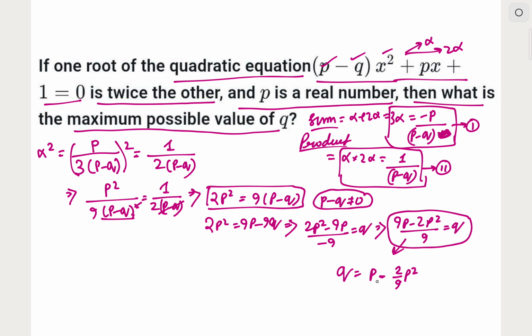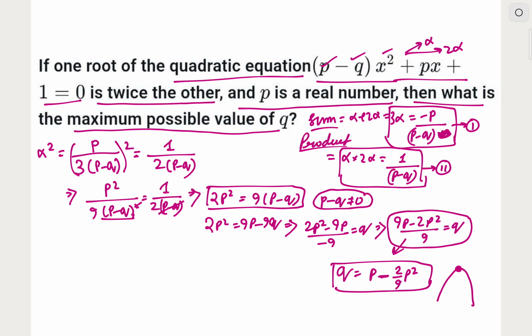So it is a downward facing parabola. And you know why it's a downward facing parabola? Because before p square we have a negative coefficient. We have to find its maximum value.